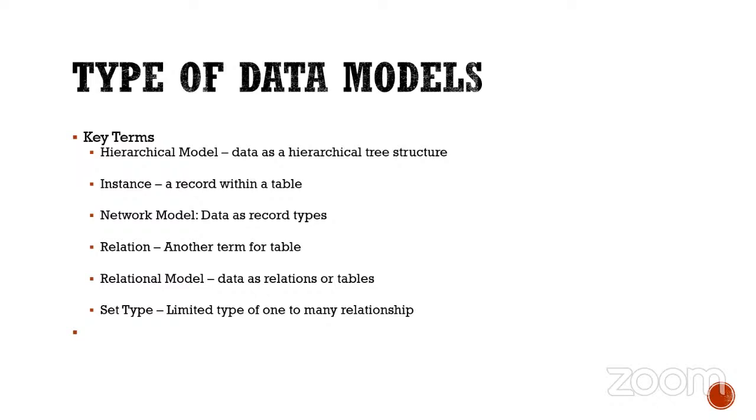Now, we also have network models, where data are like record types. Then we have relation: when you hear the word relation, it means another word for table. So relational models are models where tables are used for presenting data. Then we have set types. Set types are limited types of one-to-one and one-to-many relationships.